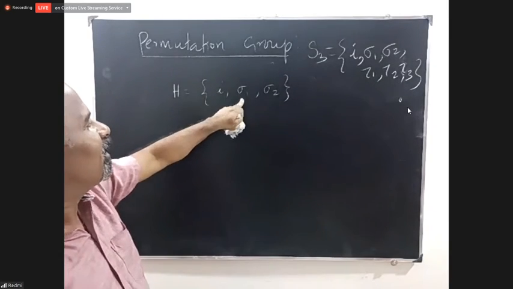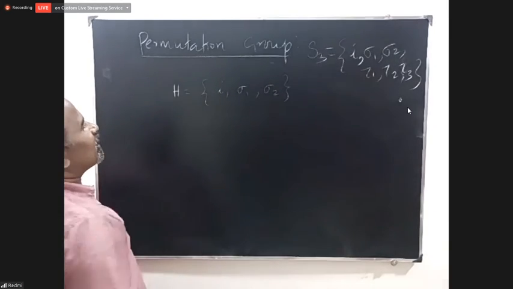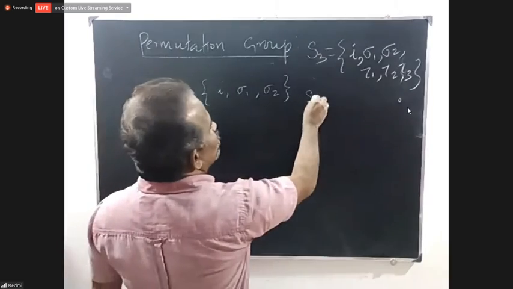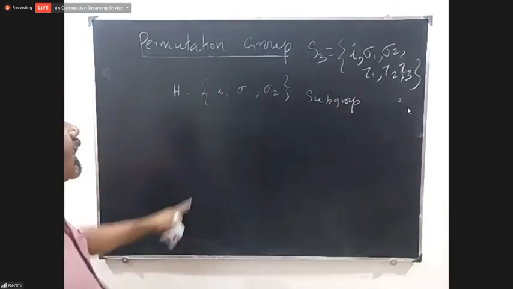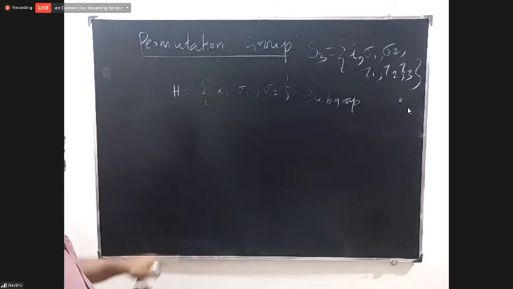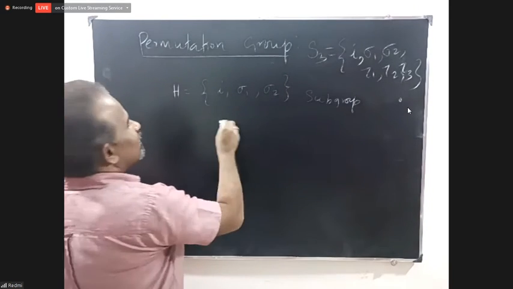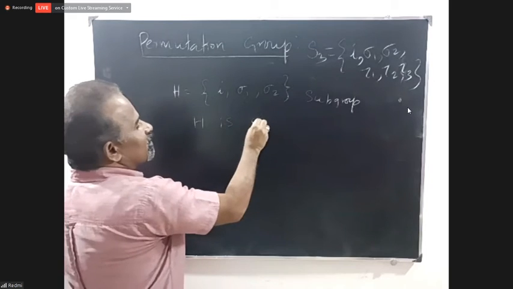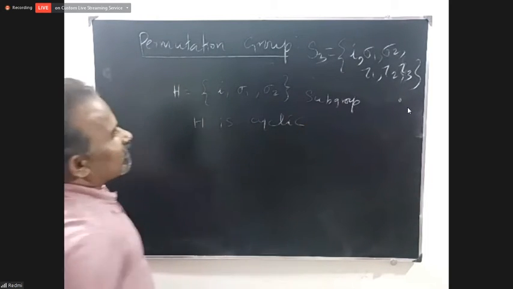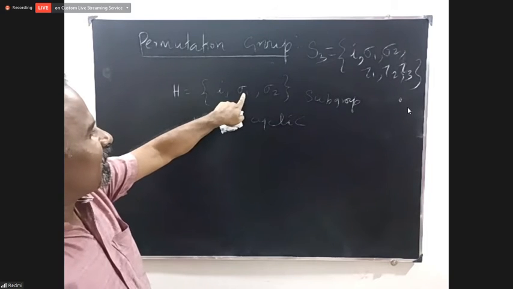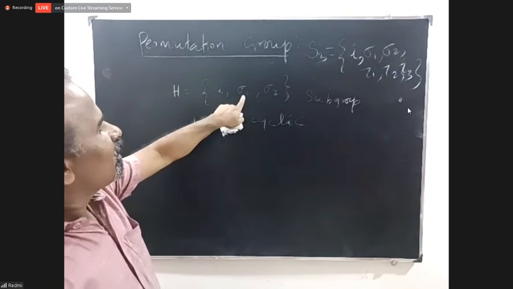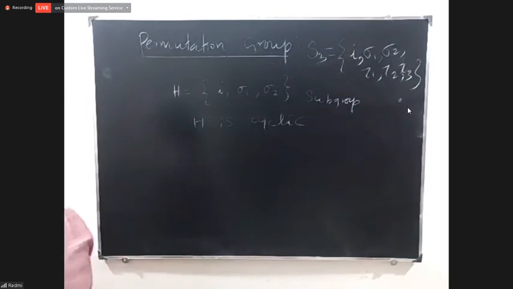You can check it very well. So identity is there, therefore this is a subgroup. This H is also cyclic, because sigma 1 is a generator and sigma 2 is also a generator.